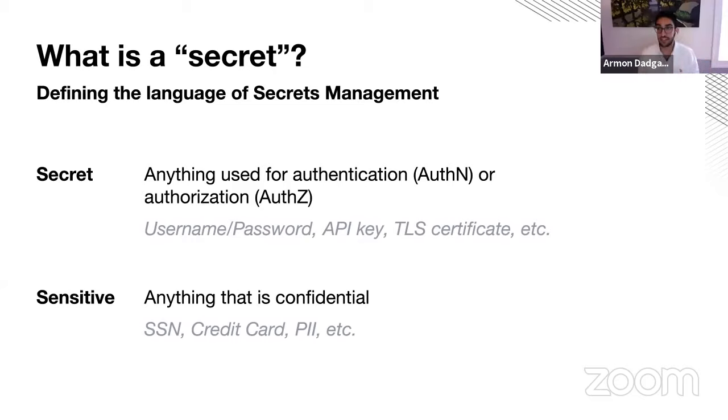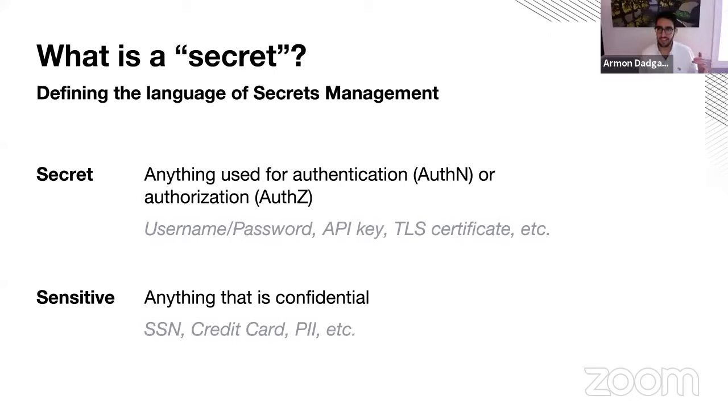Classic examples of this might be a username and a password for a database, or a cloud API key, or a TLS certificate. With each of these things, I might use a username and password to authenticate against a database. An API key might similarly authenticate and authorize me to read data from S3. A TLS certificate might authorize me as HashiCorp.com.